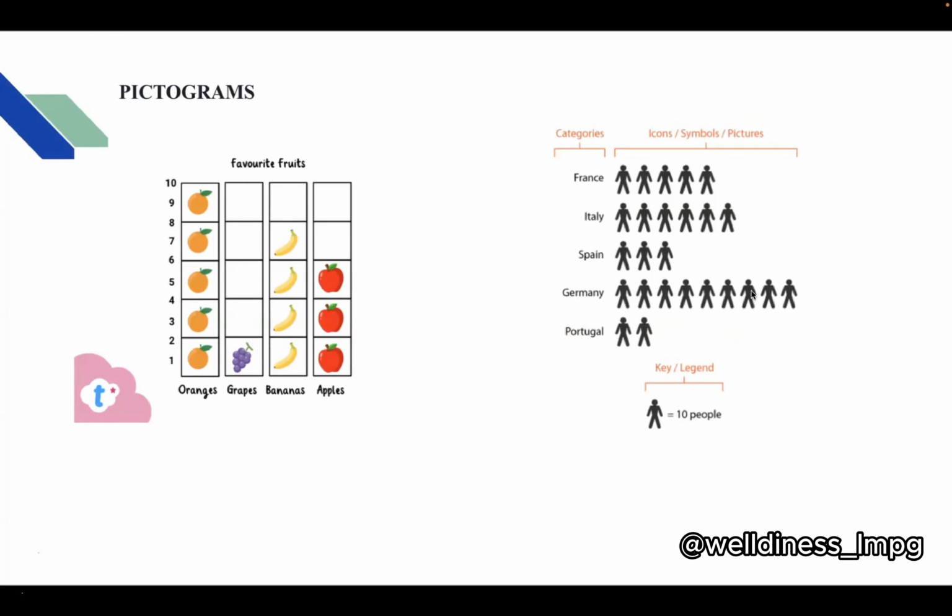How did you arrive at 90? Because there are 1, 2, 3, 4, 5, 6, 7, 8, 9. Which country has the second least representation? Spain. How many people did they send? 30 people. That's correct.